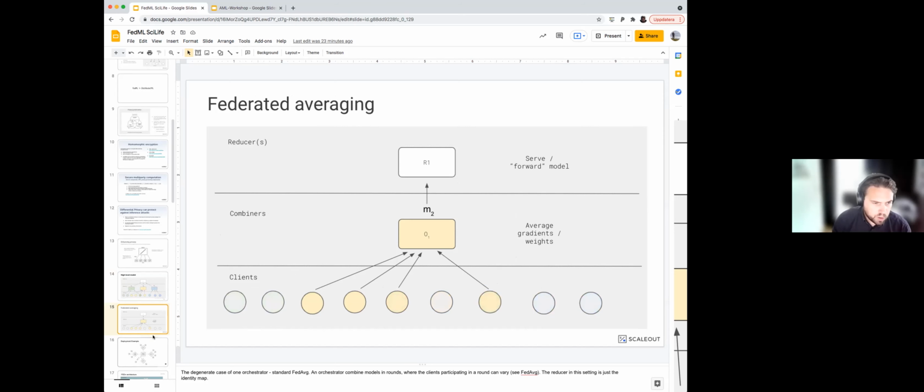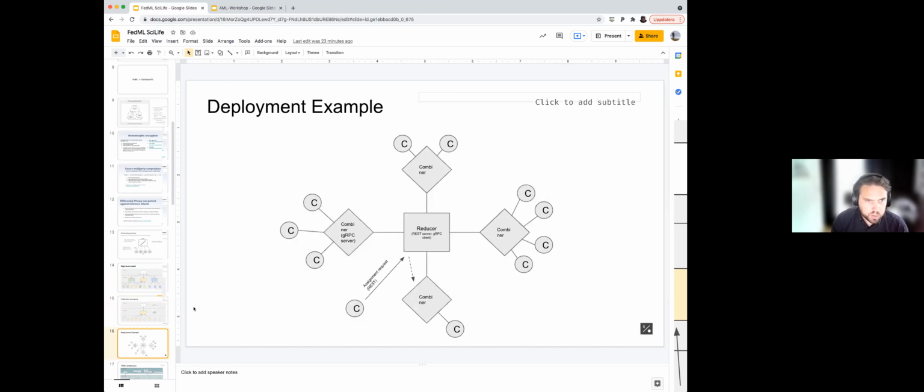I will not go on for too long, but another way to look at FedN, which is the system we have built and are working with, is this picture here. It's more how we think about it when we deploy the software. We have a loosely coupled network of combiners.